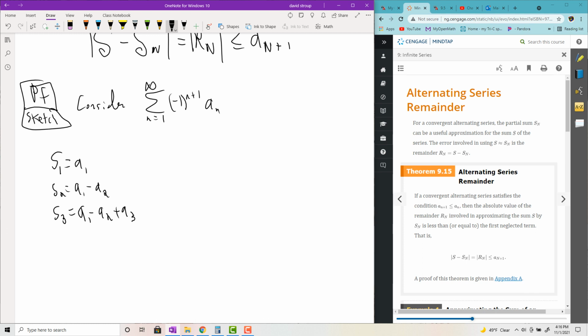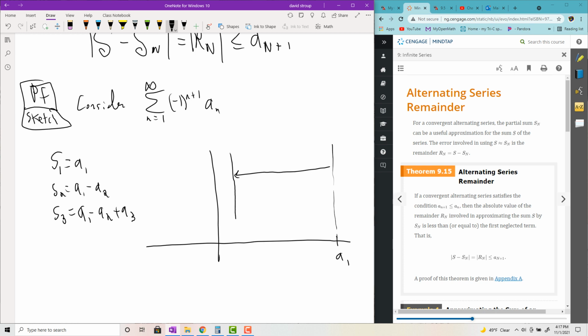Consider the picture, okay? So the intuition, we kind of have a picture. So you start at some value a sub 1 right here, and then you're subtracting away some value a sub 2, which is less than a sub 1 because the terms are decreasing. Okay, and then you're going to add in the next term in line. So adding in a sub 3 will bring you over here.